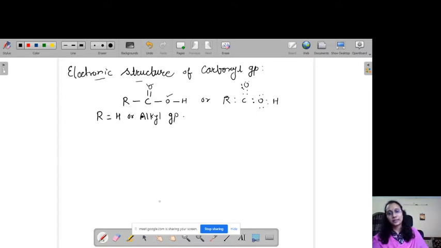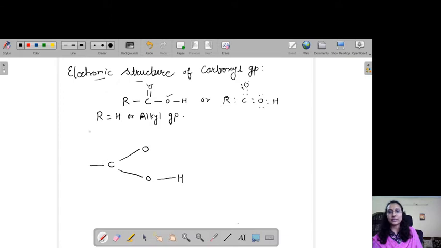Now when we are saying that we are going to study the electronic structure of the carboxyl group, we are supposed to study the skeleton. Which skeleton? We will see the orbital structure of the carboxyl group. This carbon is attached to two oxygens. This oxygen in turn is attached to hydrogen, and the free valency of this carbonyl carbon is attached to either hydrogen or an alkyl group.